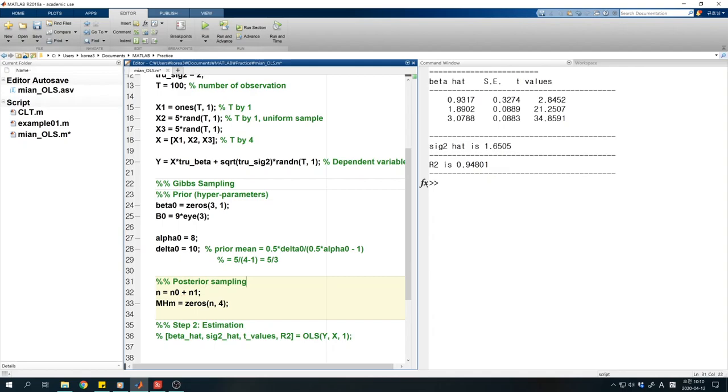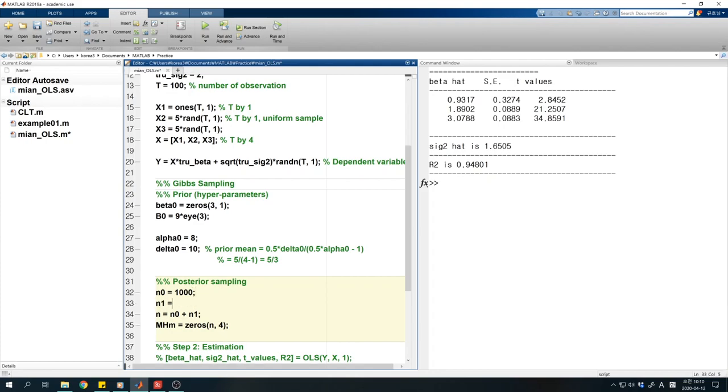So n0 is 1000 and n1 is 10,000. This is the burn-in size, this is the simulation size beyond burn-in, and this is the total simulation size.